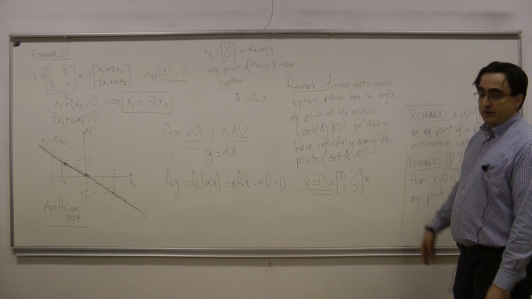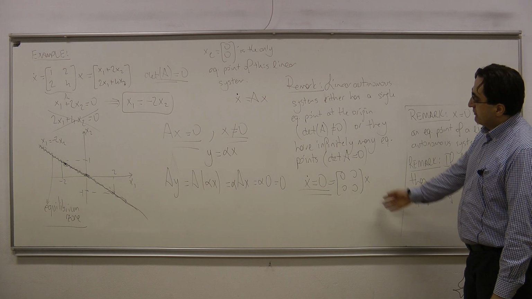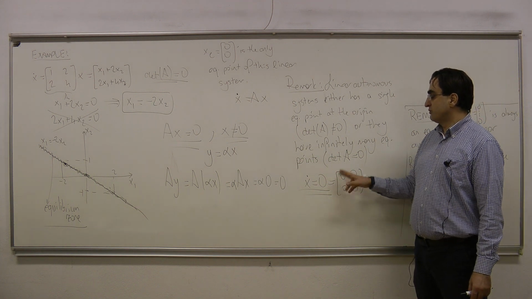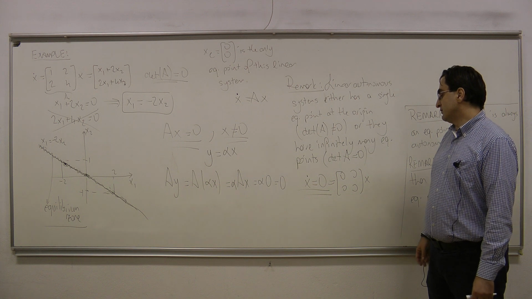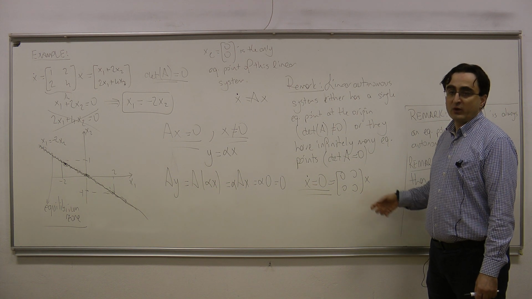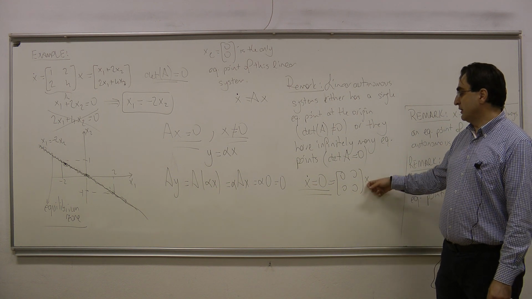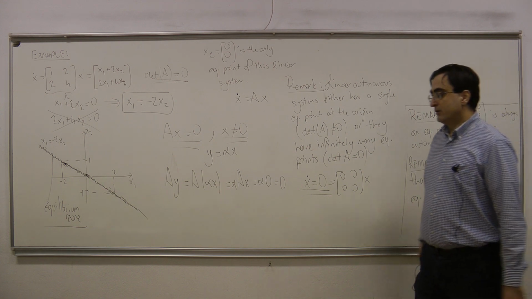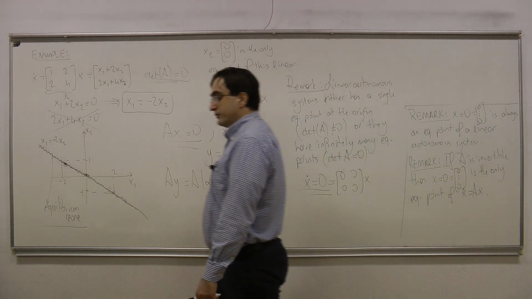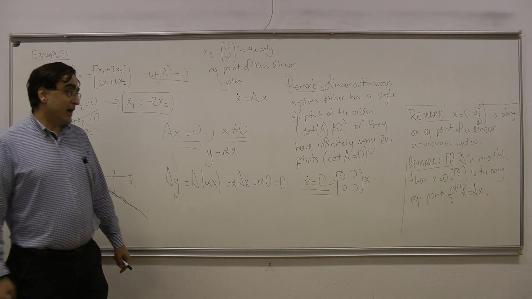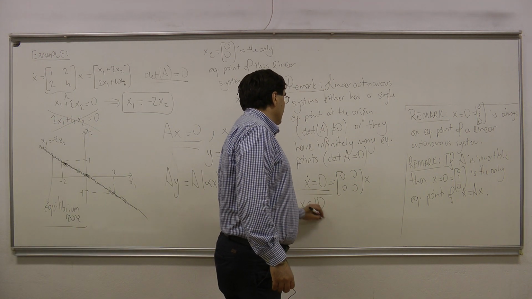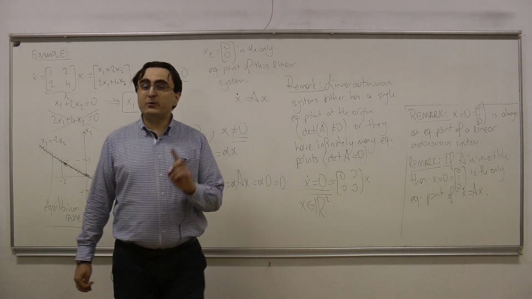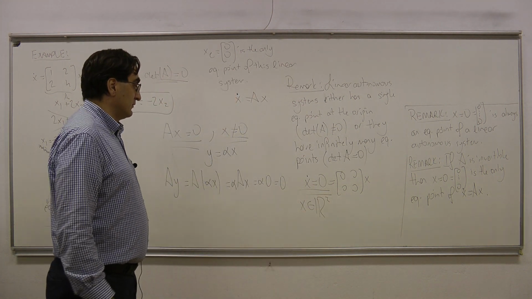And where are the equilibrium points? I will equate the right-hand side to 0 and find which x would satisfy such an equation. But I see here, whatever value I take for the x vector, that vector would satisfy this equation. So that means that any vector in R2 would be an equilibrium point of this system.